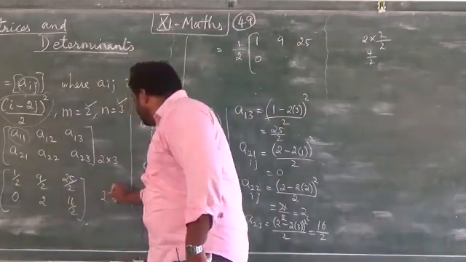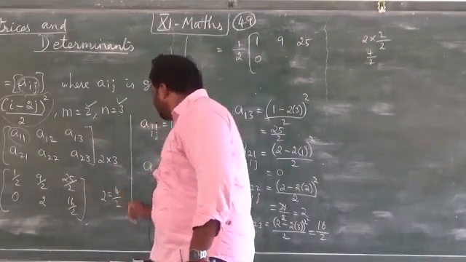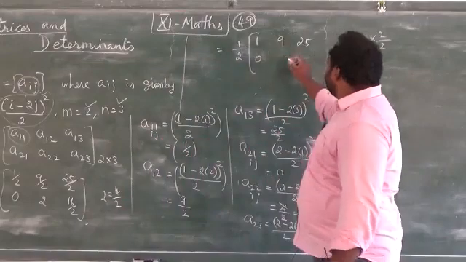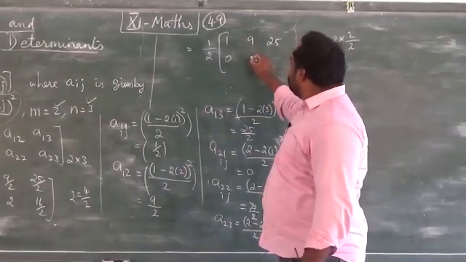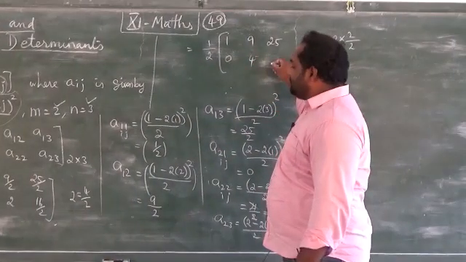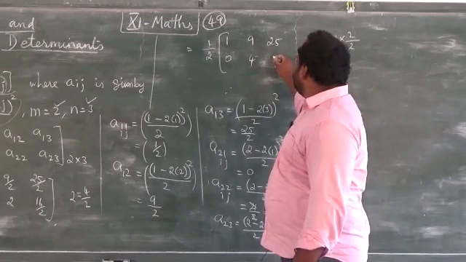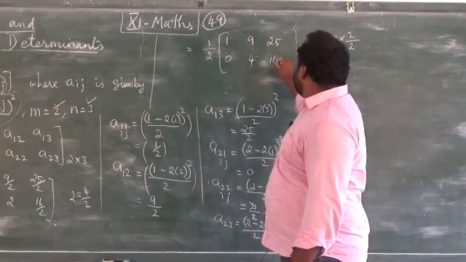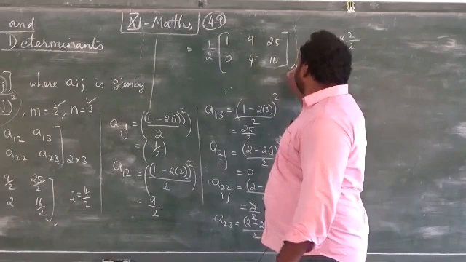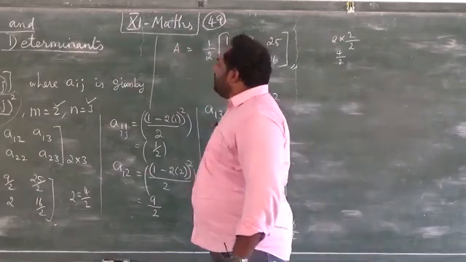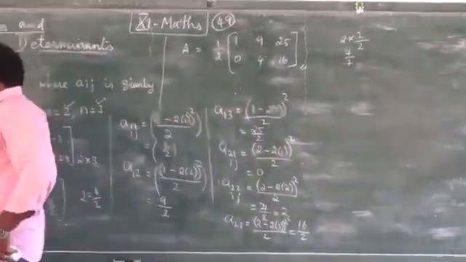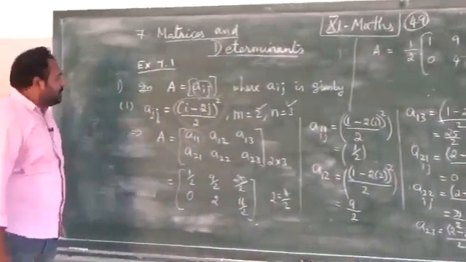Instead of 2 we can write 4 by 2, so taking 1 by 2 out leaves 4. Next 16 by 2, taking 1 by 2 out leaves 16. This is the required matrix for question number 1.